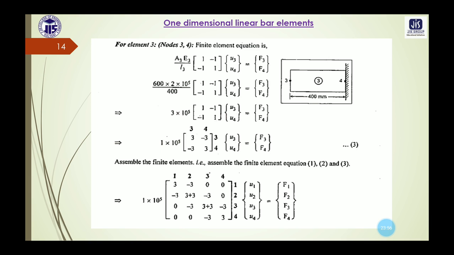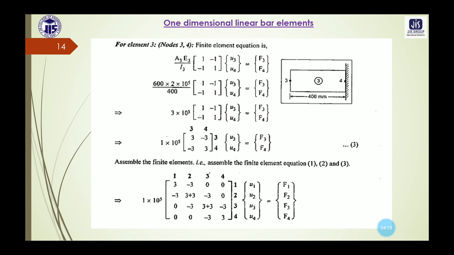Now we need to assemble these 3 different equations for the 3 different elements. That means we will get one stiffness matrix, a 4 by 4 matrix.